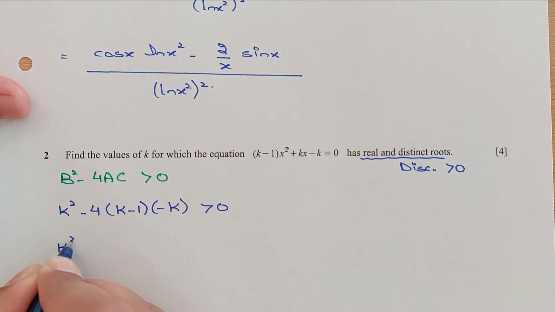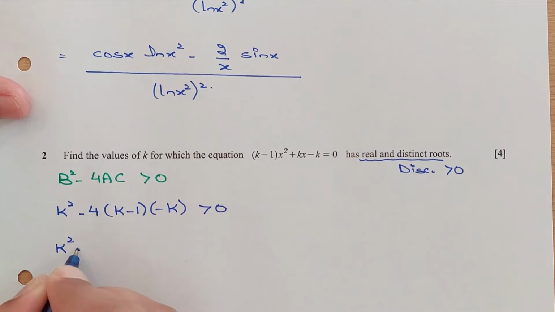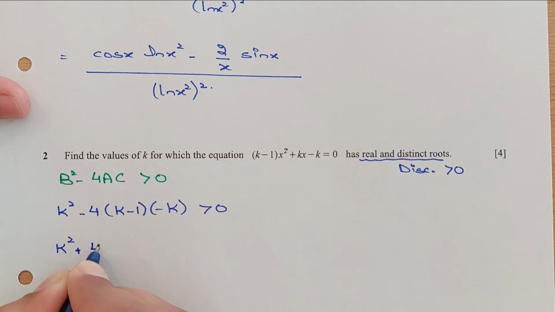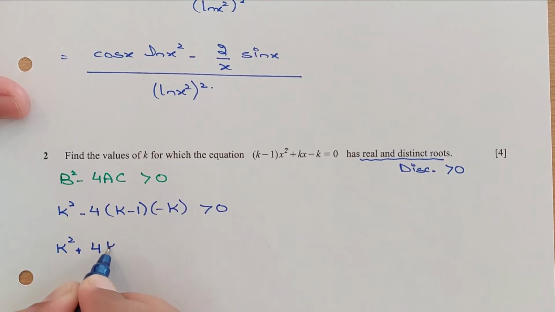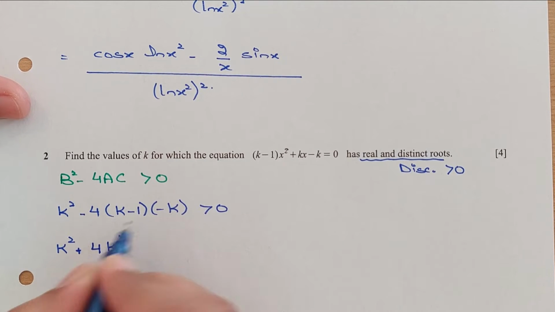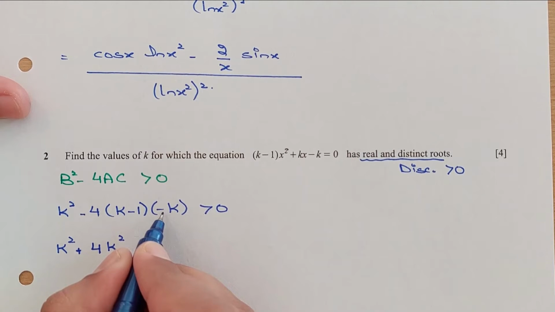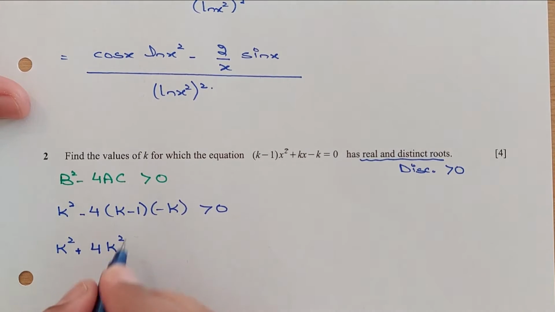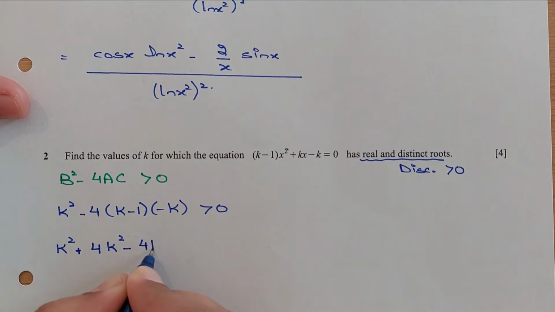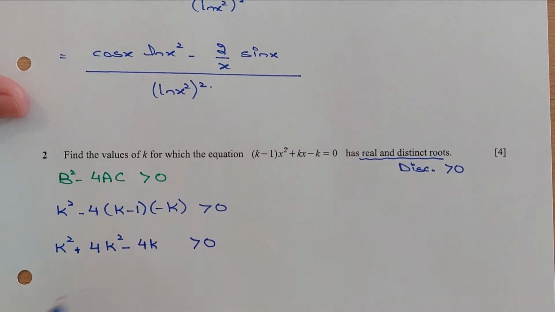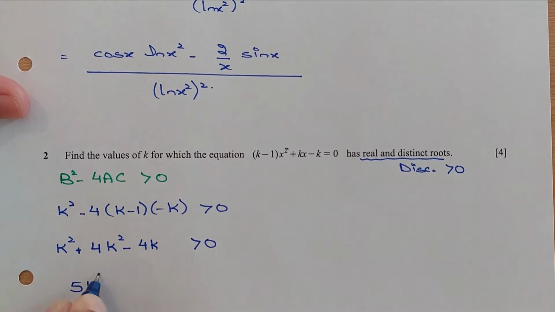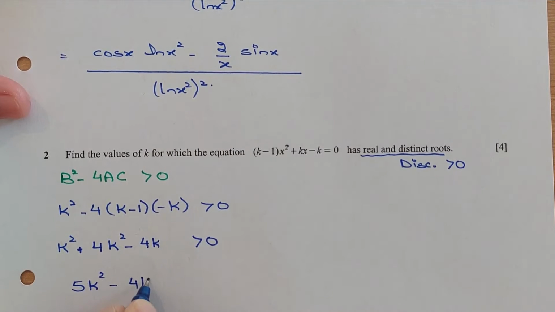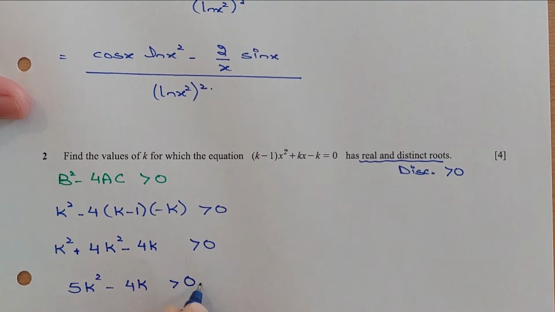Further simplification, k squared plus 4k, we have negative times negative is positive, right? 4k times k is 4k squared, and 4k times minus 1, so minus 4k. This is greater than 0. So this is 5k squared minus 4k, greater than 0.